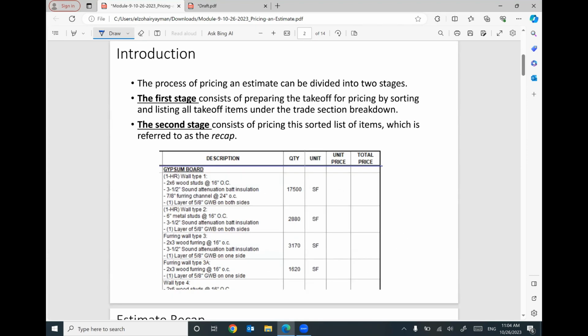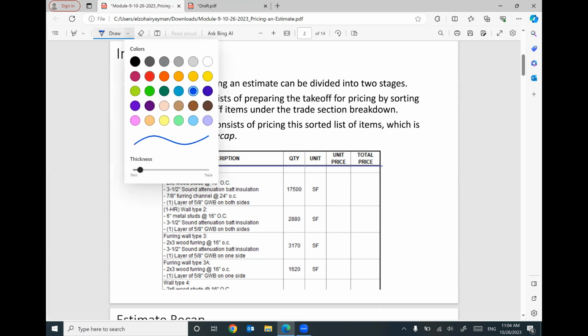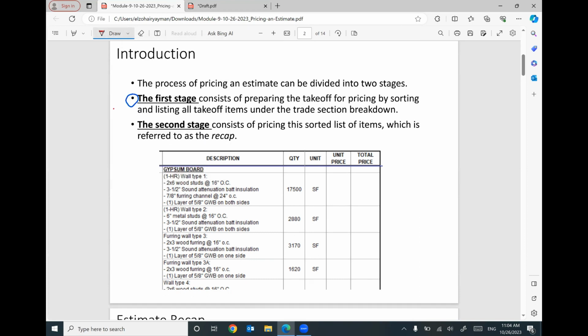So the process of pricing an estimate can be divided into two stages. We are already done with stage number 1, before exam 1, which consists of preparing the quantity take-off and listing all take-off items.